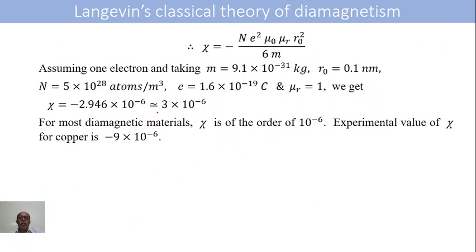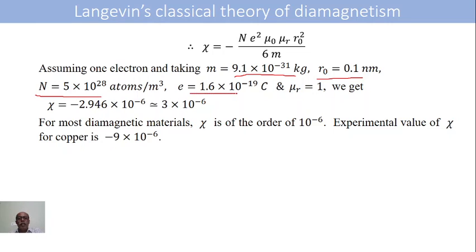Now, knowing the values, we can find out the susceptibility of diamagnetic material. We know m, the mass of the electron, is 9.1 into 10 power minus 31 kg. The radius of the orbit is 0.1 nanometer. The number of atoms per cubic meter is 5 into 10 power 28.